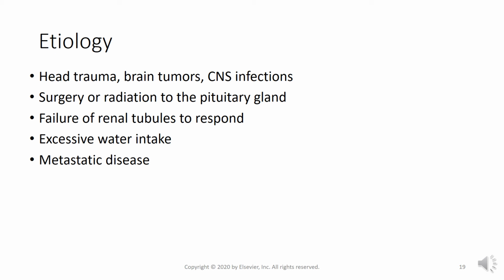Nephrogenic could be a problem with the renal tubules and their inability to respond to ADH. It could be primary diabetes insipidus, where a client is having excessive water intake. So it might be a lesion in the thirst center, or it could be a psychiatric disorder.